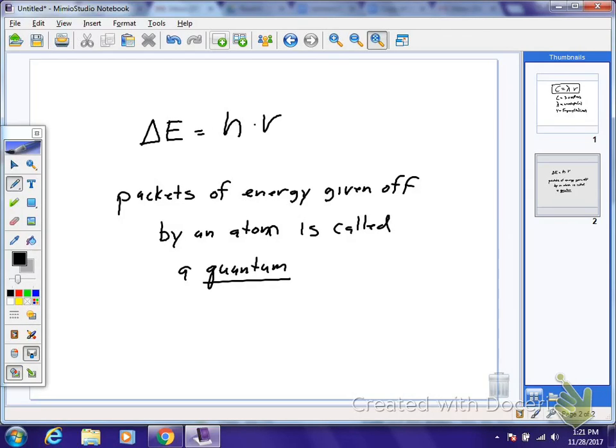But I can only get it out when I put in at least enough energy to get that item out. And that's kind of like a quantum. You have to put in a specific amount of money to get out a specific something you can eat. So that's kind of what a quantum is.